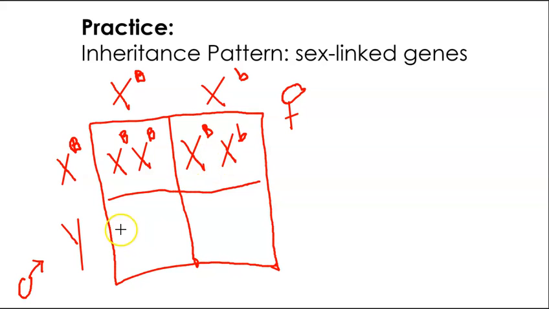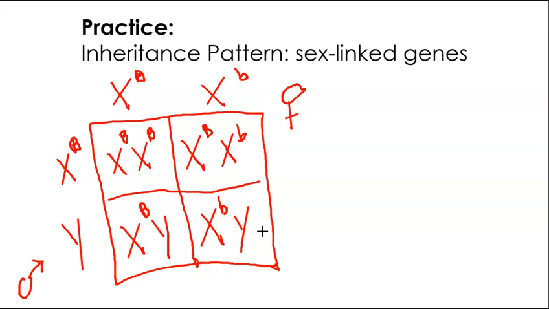So this next square would be XY, a son having a big B. And then this square will be another son, XY, and a little b. Okay, so that makes sense. They have a 50% chance of having daughters and a 50% chance of having sons.